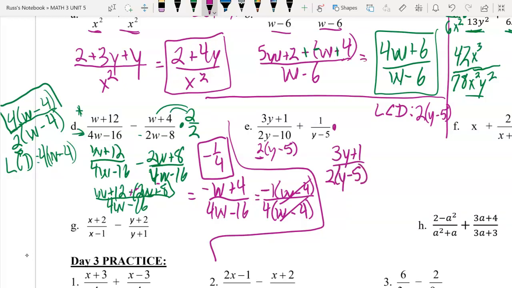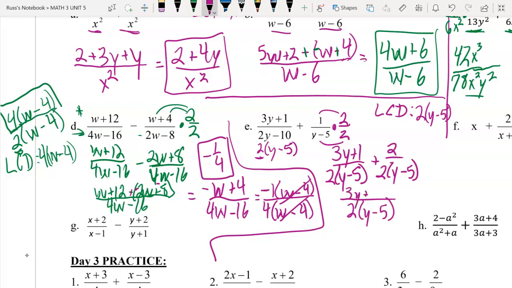The second one, however, needs to be multiplied by 2 over 2. So I get plus 2 over 2 times y minus 5 because I multiplied the numerator and the denominator by 2. Now I combine like terms, because my denominator is all the same, 2 times y minus 5.